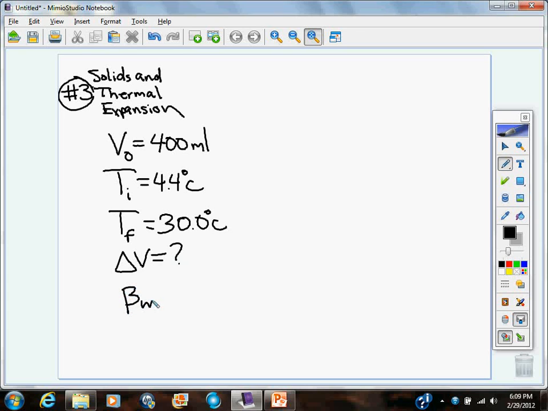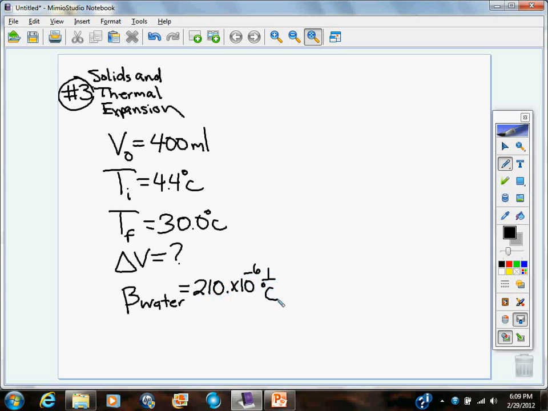And for water, that is beta, which is 210 times 10 to the negative 6, 1 over degrees Celsius. Once again, that's the volume thermal coefficient.